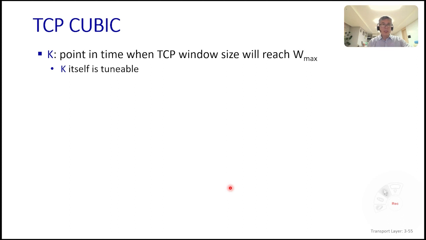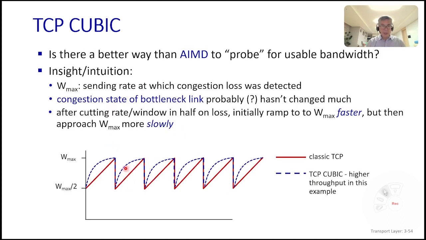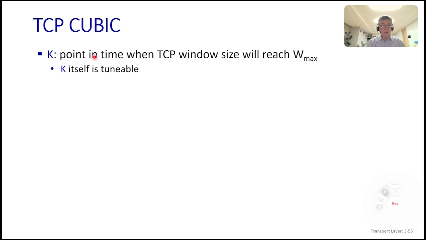K is a time point, right? This is a time point. We can say this time point K is where the window gets close to W max. It is the point in time when the TCP window size will reach W max; K is self-tunable.